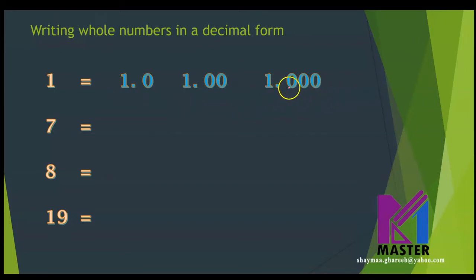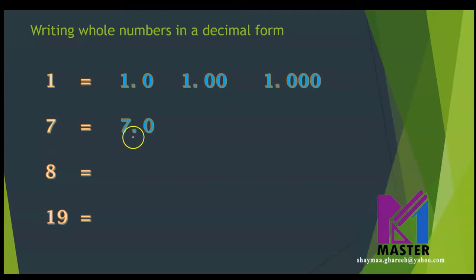The zeros in the tenths and hundredths and thousandths places this way don't affect the value of the number. Is this clear? So we can put any number of zeros on the right of the decimal point of a whole number. We'll do exactly the same with the 7.